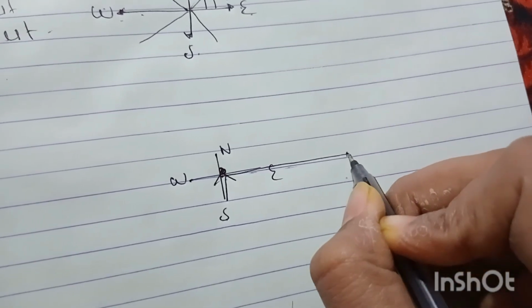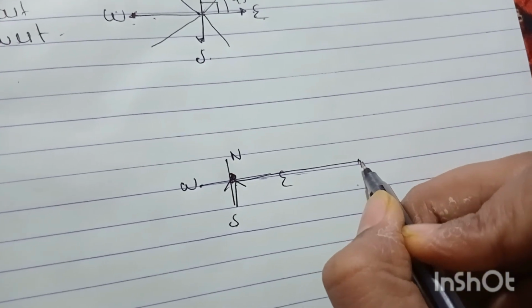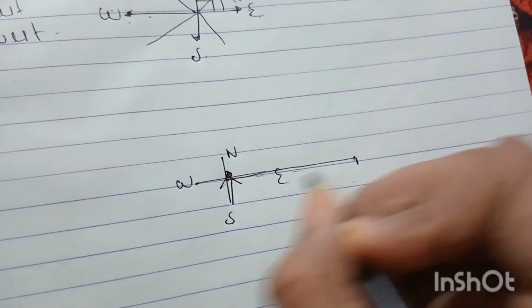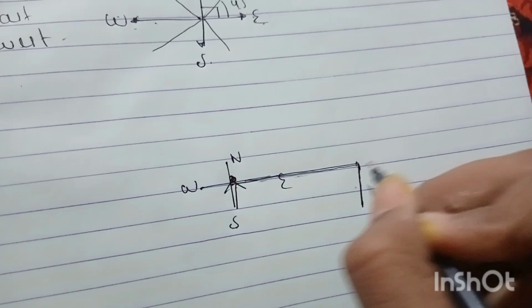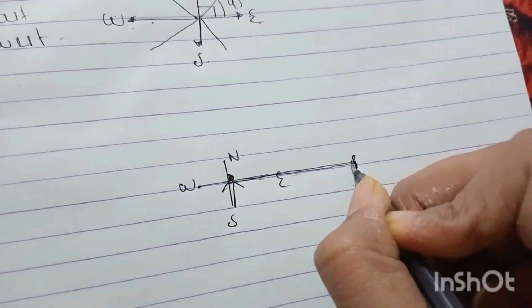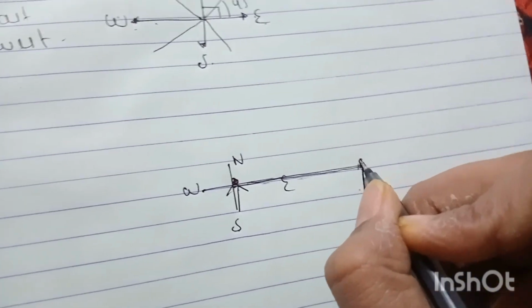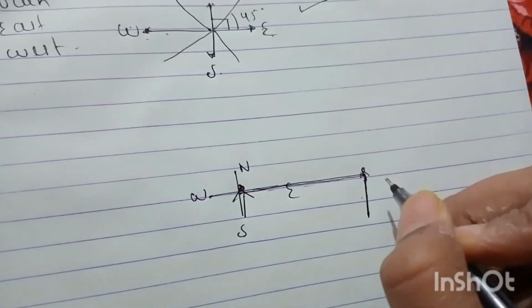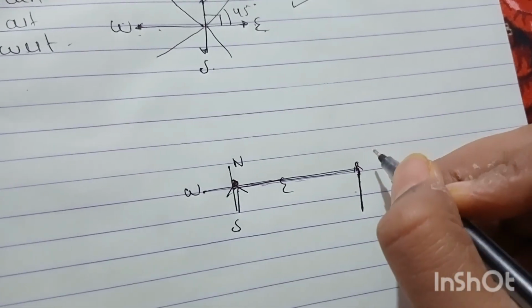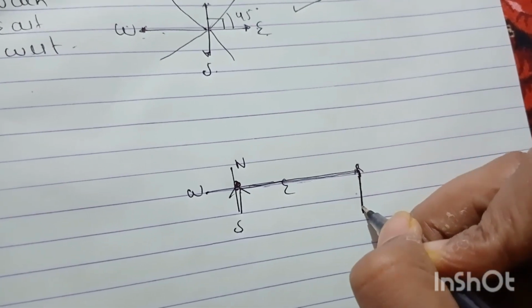Definitely this. They said after moving a distance, he turned to his right. Consider yourself here looking at the east, then which is your right hand side? This. So go here.